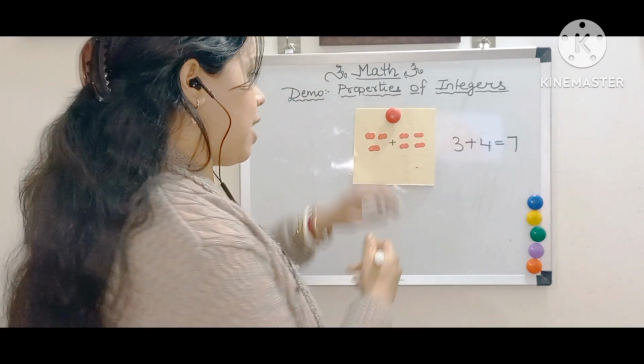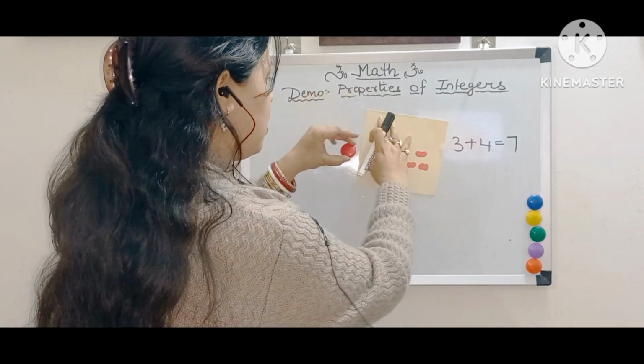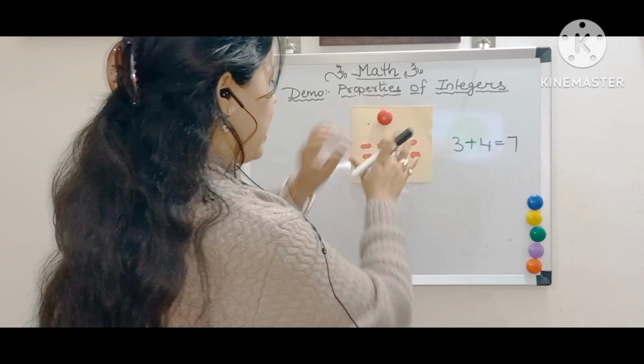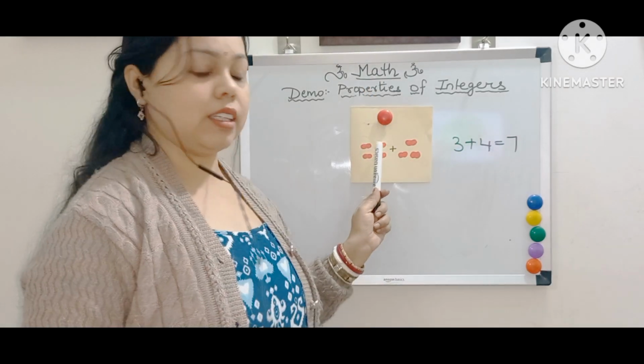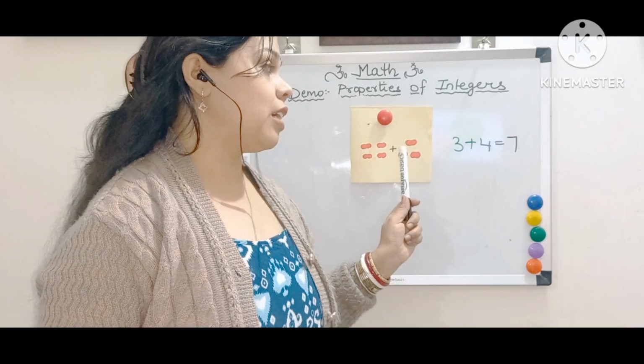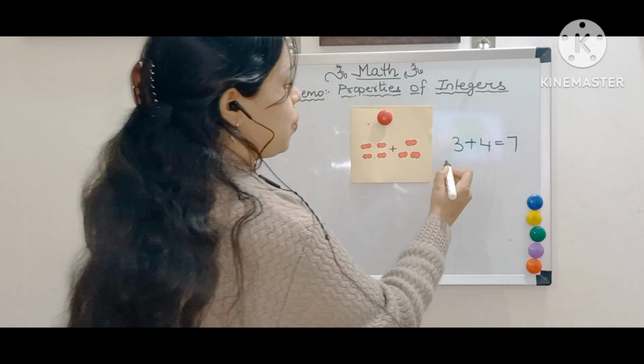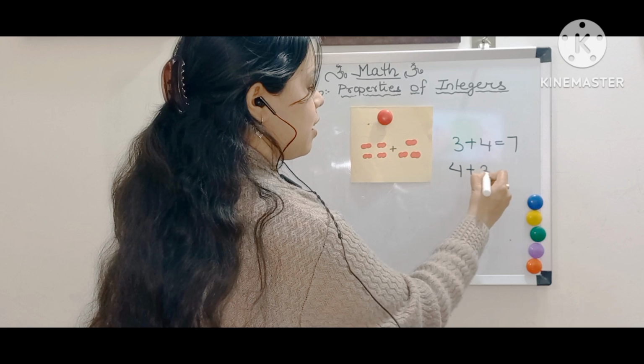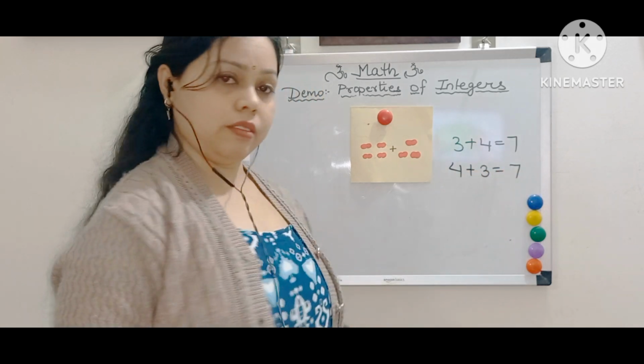Now if I change the arrangement like this, on this side the number of figures is 4 and on this side the number of figures is 3. So 4 plus 3 is equal to 7.